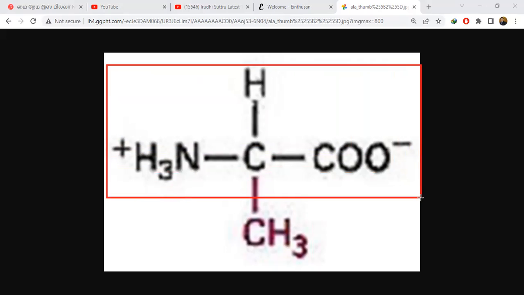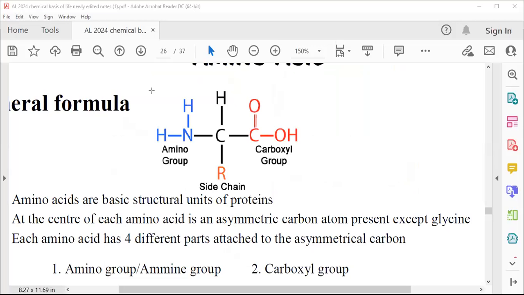Whatever the amino acid you choose, there will be an amino group, a carbon atom, a carboxyl group, and a hydrogen atom. Will these four pieces differ from one amino acid to another?